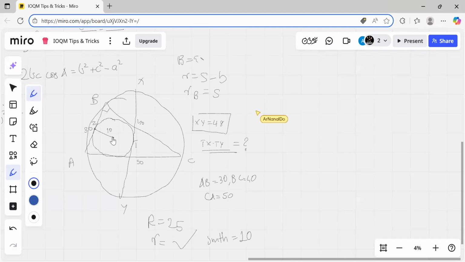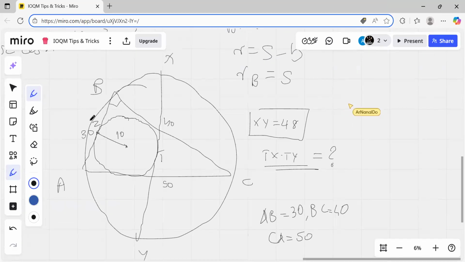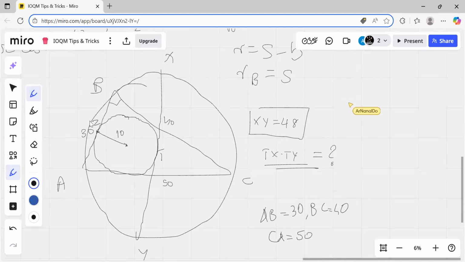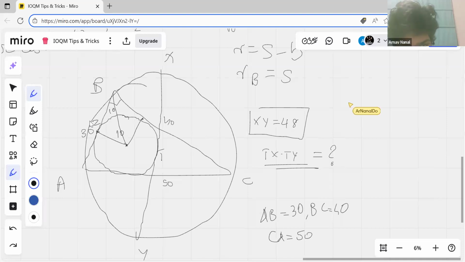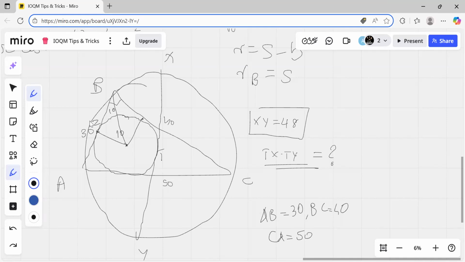Z. So we know BZ because it's s minus something, and then by Pythagoras we know IB, and by similarity we can know BY as well. So we can calculate IY. Wait, how will you get BY by similarity? We know the exradius, we know the inradius, we know one line, so we know the other line as well. Similarity between which triangles? Sorry, my bad. Y is the exradius. No, no, X.